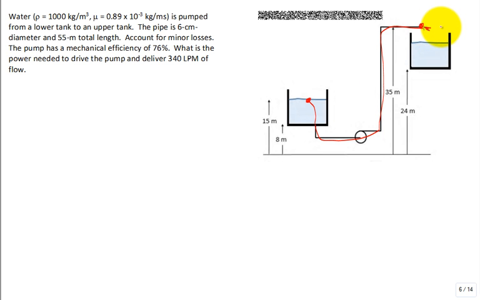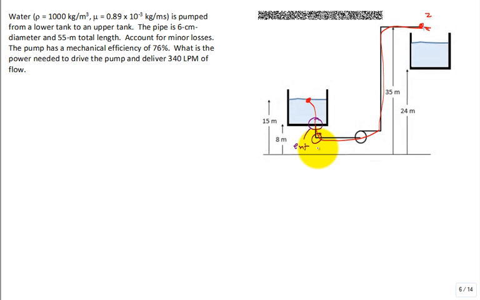Okay, now it's not a submerged discharge. It's an open discharge. We'll call this state 2. There's no difference in the diameters of the pipe, so we're just going to use V as the velocity in the pipe. But let's take a look at where we have loss coefficients. Which one is here? Entrance.